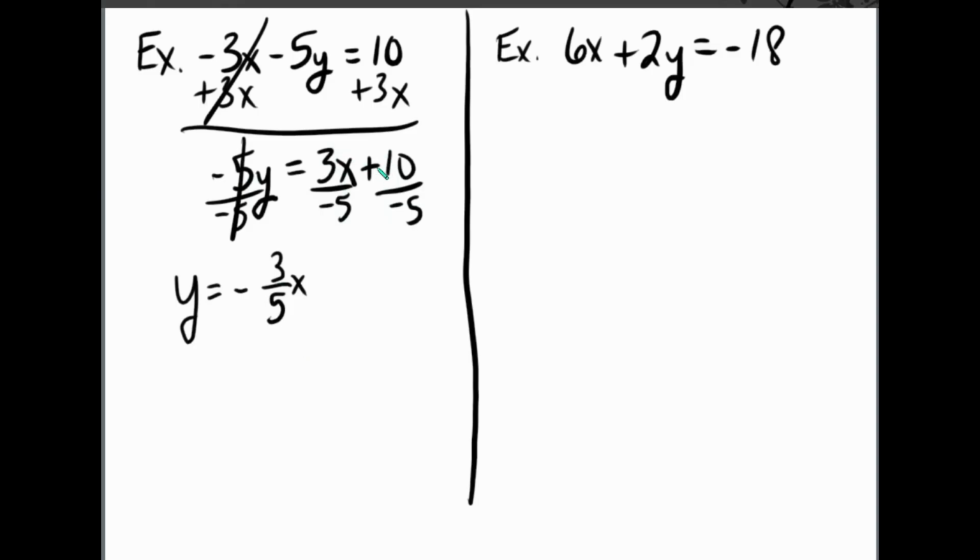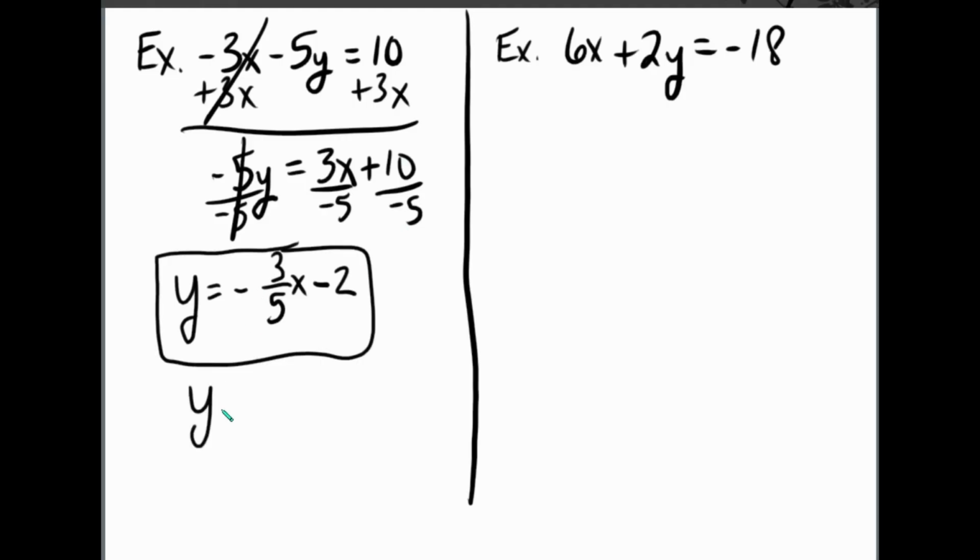And then I'm going to look at 10 divided by negative 5, which is just negative 2. So since that gives me negative 2, I will rewrite it as minus 2. And now that puts that equation into slope-intercept form, y equals mx plus b. So our slope is negative 3/5 and our y-intercept is negative 2.